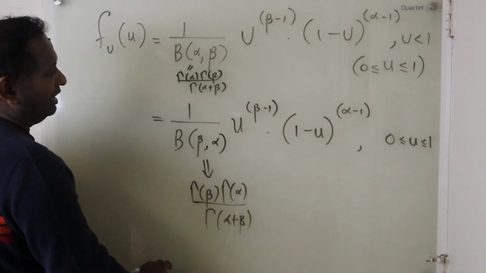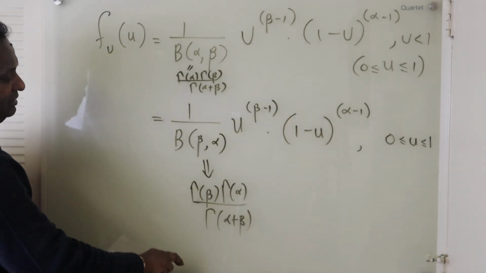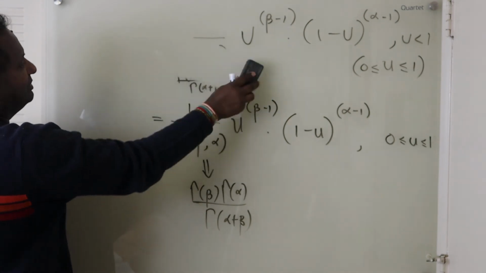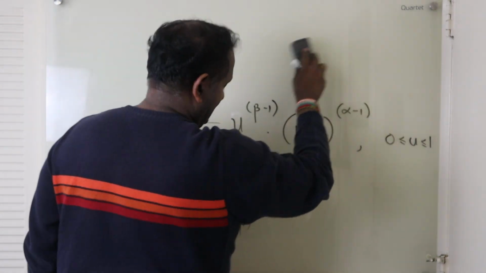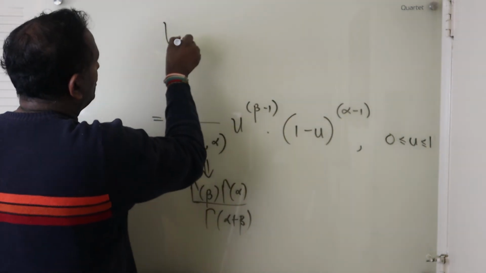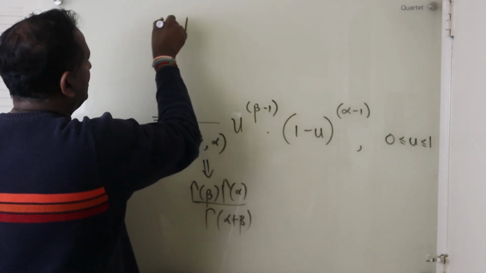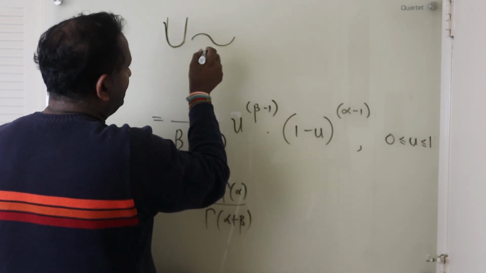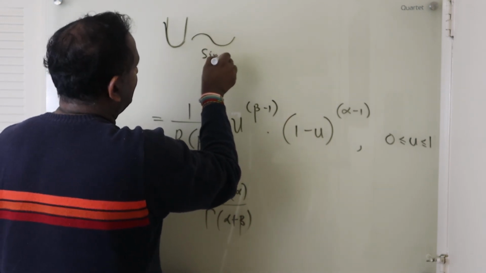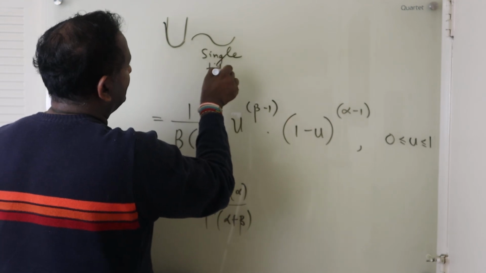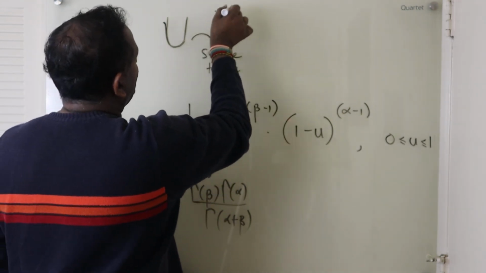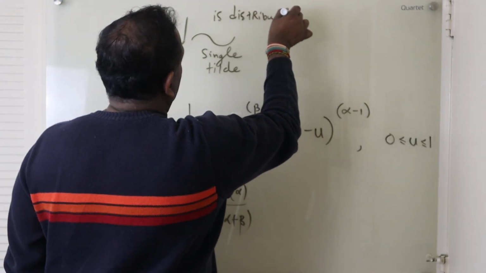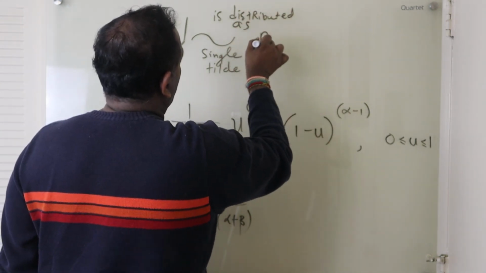Once you have this structure, you can very clearly say that capital U is distributed, where the tilde means is distributed as, beta.